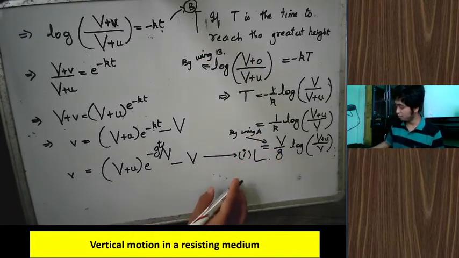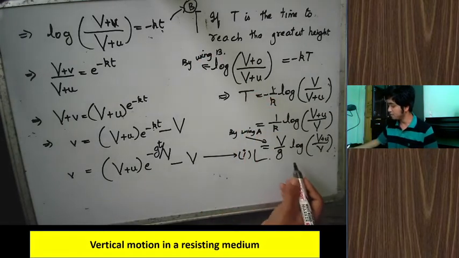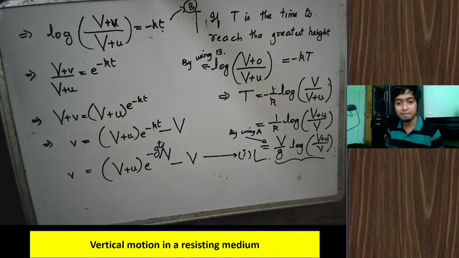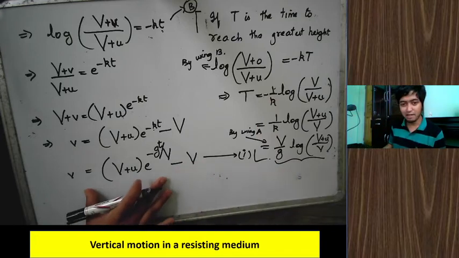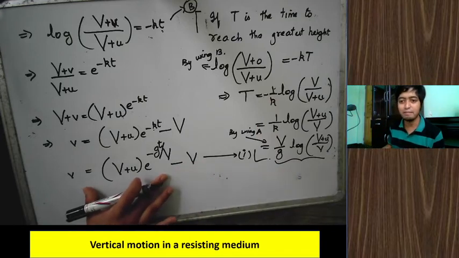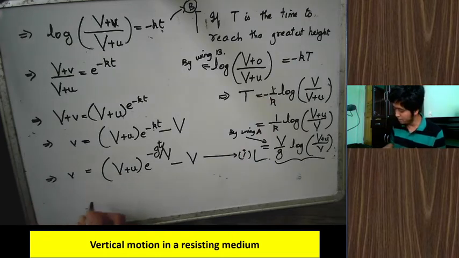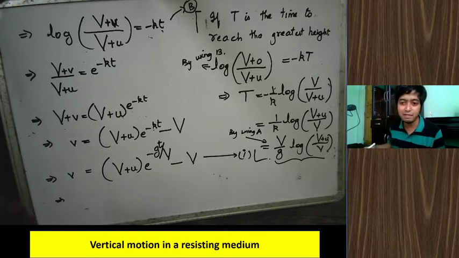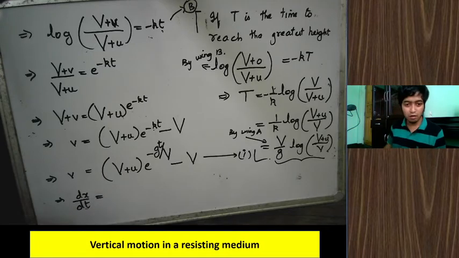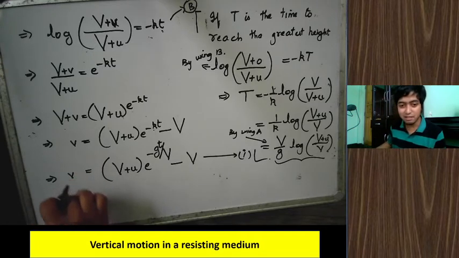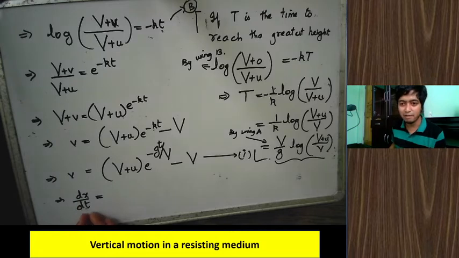So we have got equation 1, and also we have got the time to reach the greatest height, which is this. But why did I write this one to the side? Because I will still be needing this for deriving equation 2. For equation 2 we need a relation between x and t, so we can write it as dx by dt. Always remember that we can only interchange it into a derivative if the quantity is not a constant.